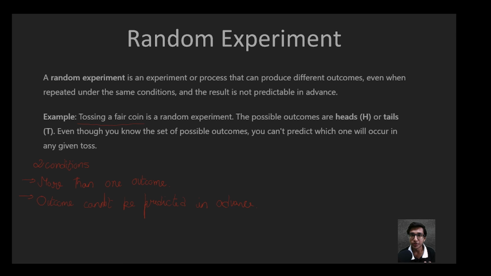More than one outcome is possible: head and tail. And the outcome cannot be predicted before. You cannot be sure whether tossing a coin would give you 100% head or 100% tail. So the outcome is not predictable. That is why we call it a random experiment.